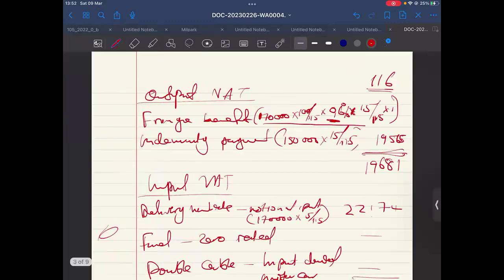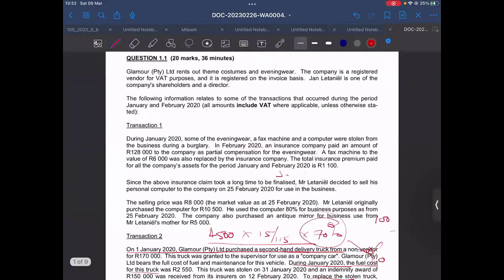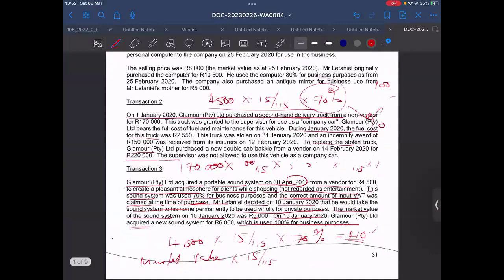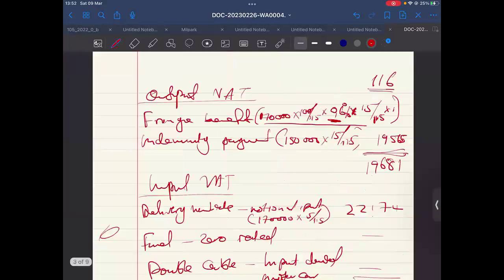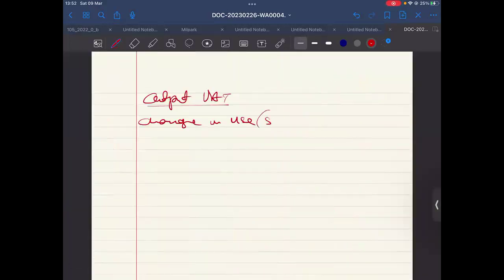The market value of the asset, how much is it? This is the cost, we don't want it. The market value is 5,000. So we're going to say 5,000 times 15 over 115, giving us how much? 652.